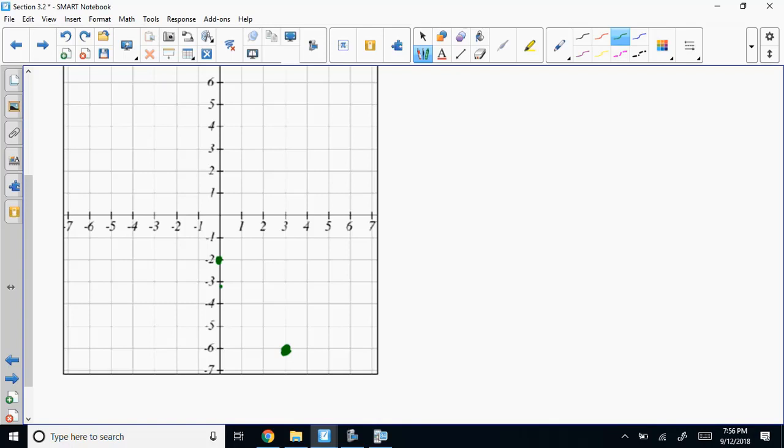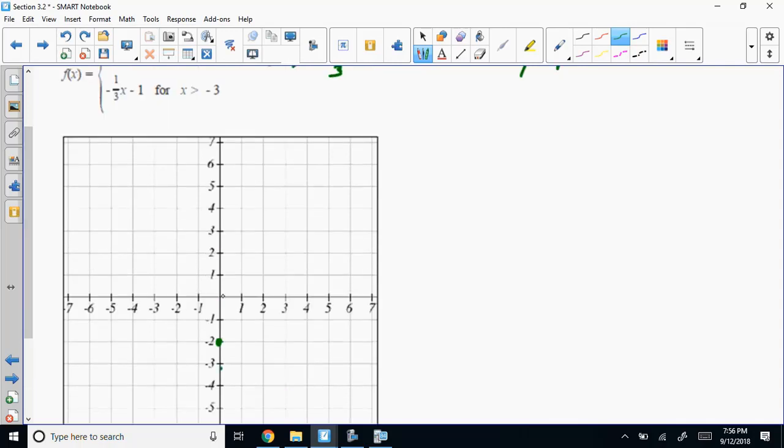So if I have to reverse it, what's the opposite of down and to the right? Up and to the left. So I'm going to reverse it. I'm going to go up 1, 2, 3, 4, over 1, 2, 3. Now, you can't do this, but I can.